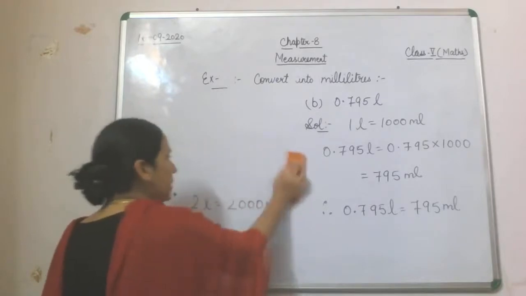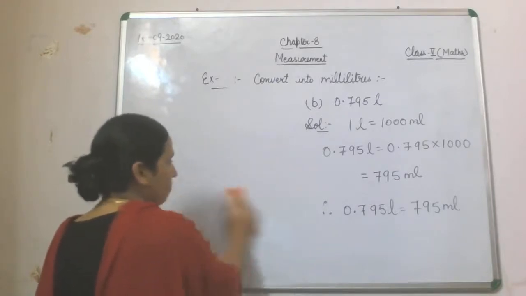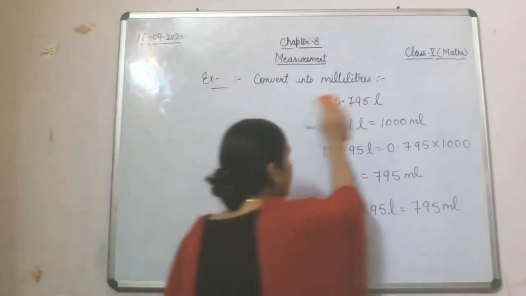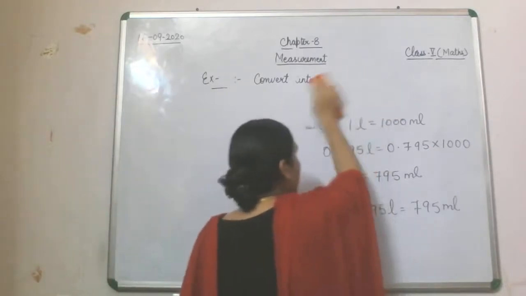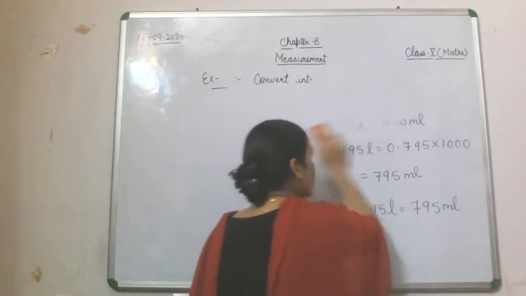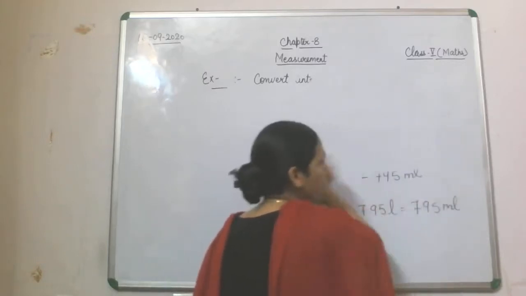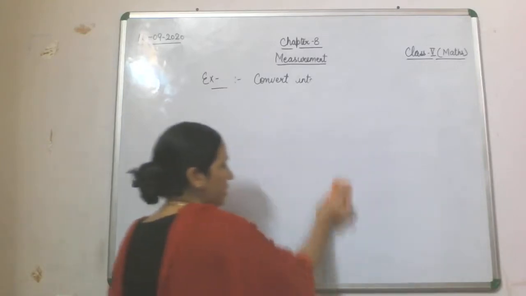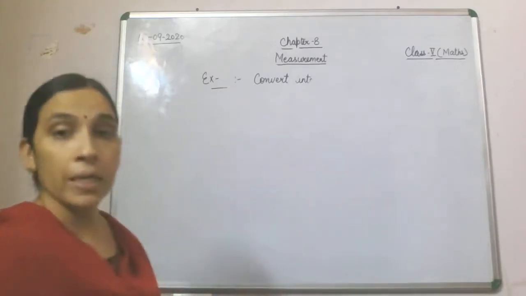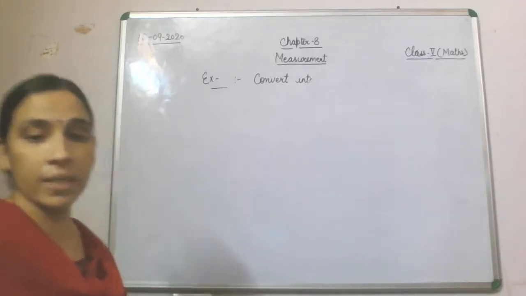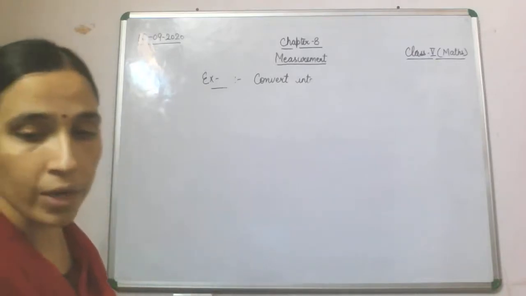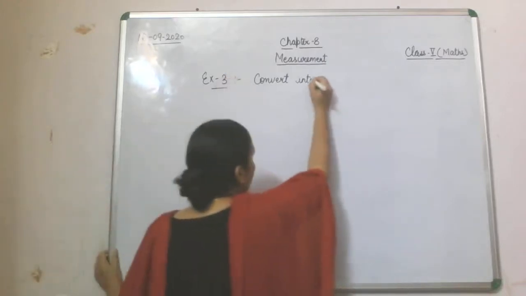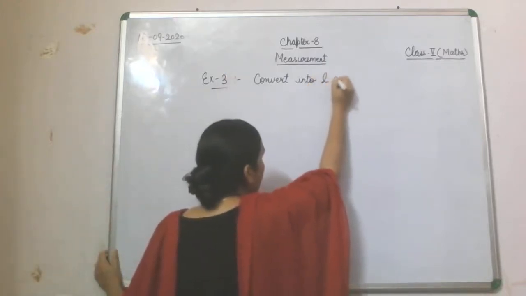Whenever you have been given that question in milliliter, and that is supposed to be written in liters and milliliters both, then what you will do? So let's understand example 3 once, and then we will shift to the next exercise, that is 8.7. Now here I am going to take one example: convert into liters and milliliters.